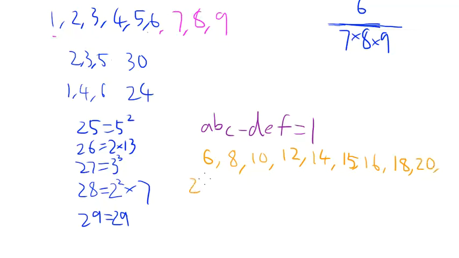We can get 21, that's 1 times 3 times 7. We can get 24. We can't get 22 because we need an 11, and we don't have an 11 here.